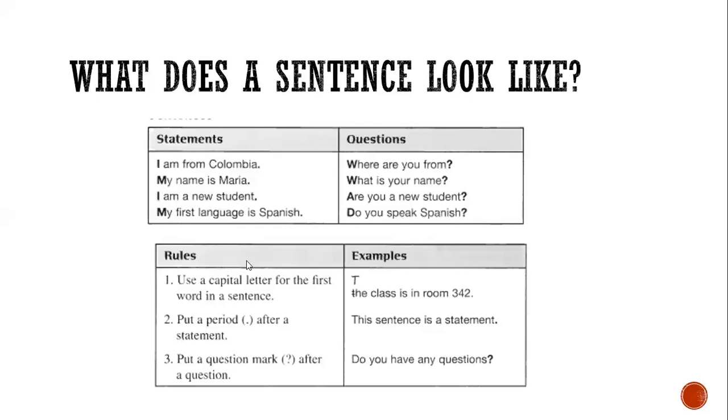Okay, so the rules are: use a capital letter for the first word in a sentence, and then put a period after a statement, and put a question mark after a question. So this one's pretty clear. I think you already learned this because it's the same rules in Bahasa Indonesia as well, right? So you already learned this in school.